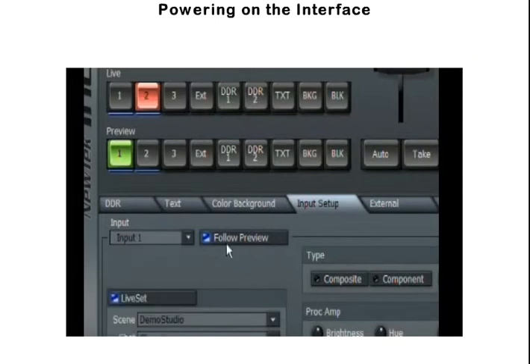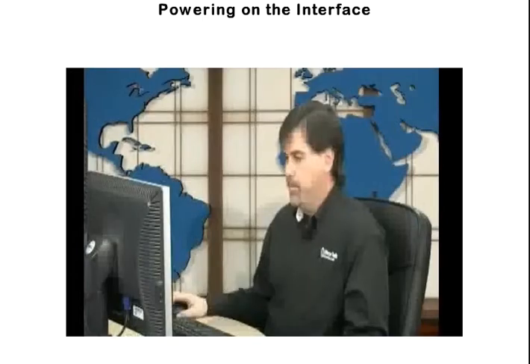But right next to it, we have a button called Follow Preview. Go ahead and make sure that Follow Preview is turned on so that the little blue light is actually lit up. And Follow Preview sets up the TriCaster so that whatever input we have currently on the preview bus is the input that we're going to be modifying with the controls down here in our Input Setup tab.